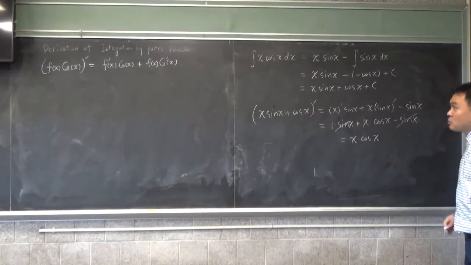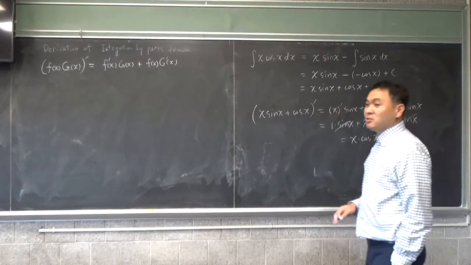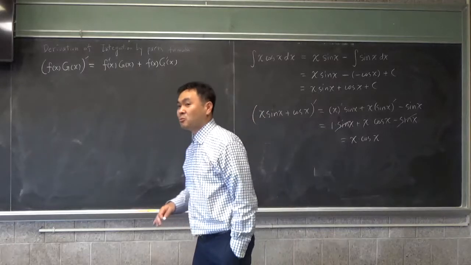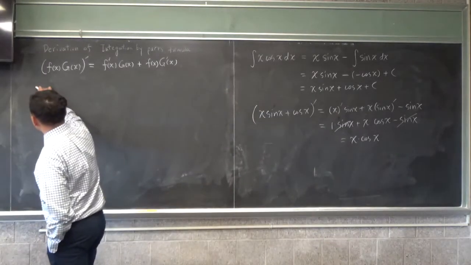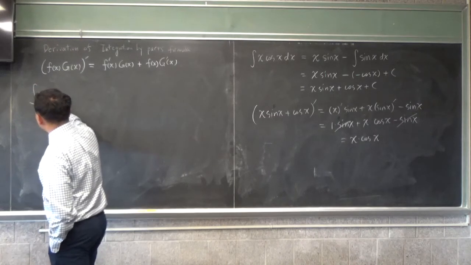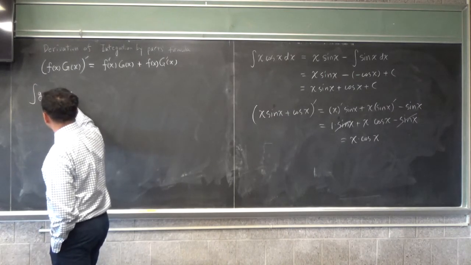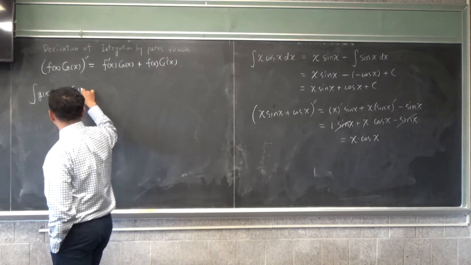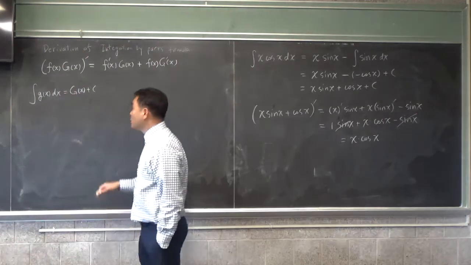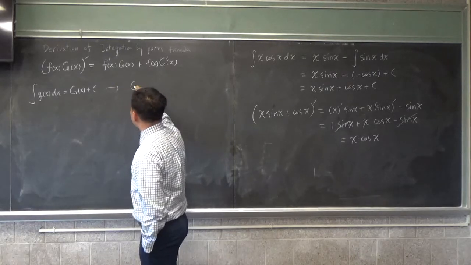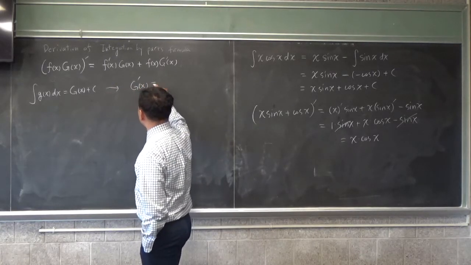But you may be wondering why I'm using capital G instead of lower g. That's because I'm using a convention that capital G stands for the antiderivative of the small g. So in my mind, this is what's happening. If this is true, what is the derivative of capital G?